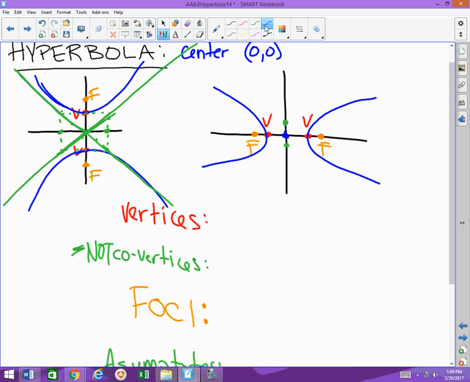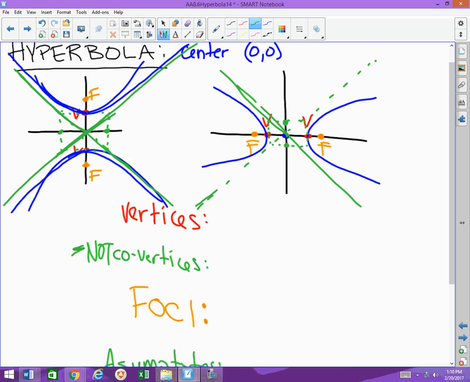So it would be more like this and like that, and then this one would come like so, and then it runs along there, and it runs along there. Because an asymptote is a line that a graph approaches but never intersects. And so like with this one here, if you make that box, you have that line, and you have that line.